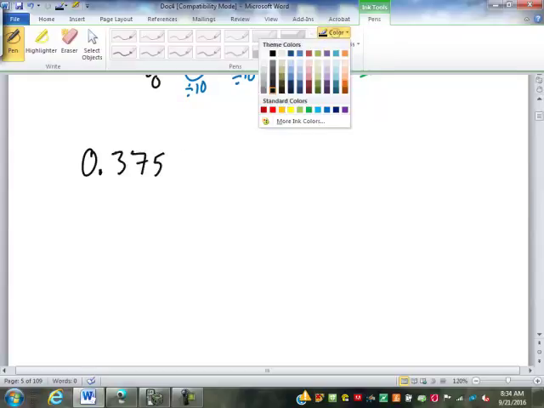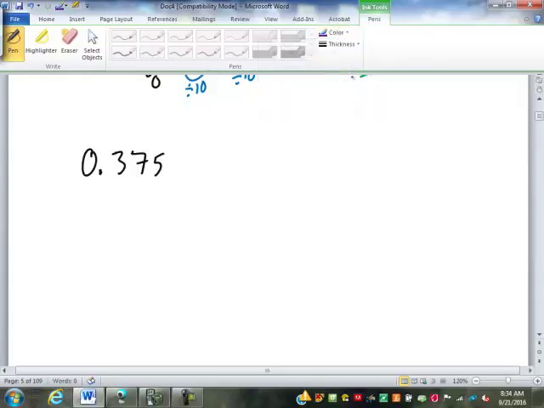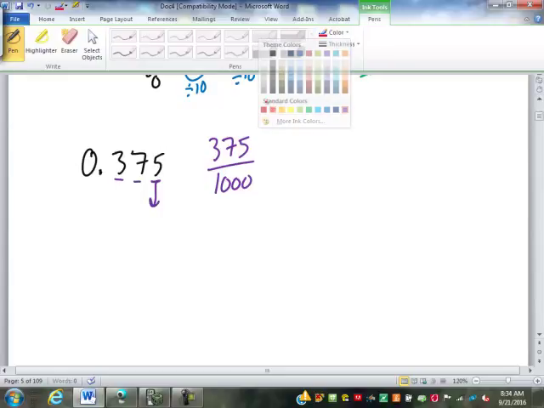So 0.375, how would I turn that into a fraction? I put the 375 over, what's my denominator going to be? Thousandths, perfect. This is tenths, hundredths, thousandths, the place value of that last digit. A little trick, by the way, just to double check, there's 1, 2, 3 decimal places. There has to be 3 zeros in my denominator.